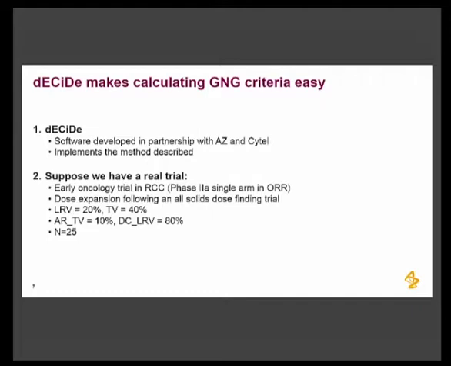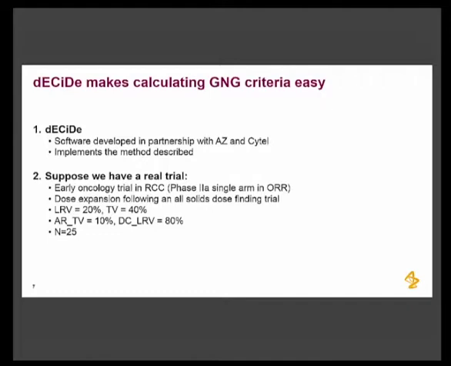The indication you want to treat at the end is renal cell cancer. You're designing a phase 2A single arm with overall response, which is a binomial variable. Your dose expansion trial has basically just finished, and that itself was an all solids trial. So you got a mix of different cancer types in there.